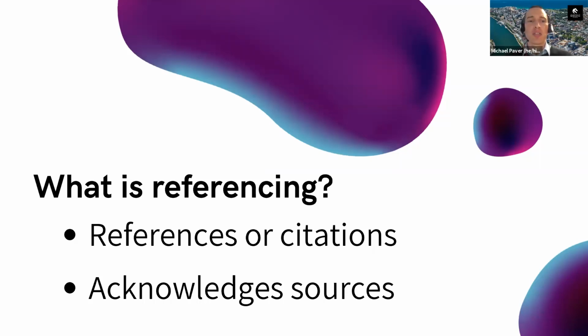A lot of the time references will refer to the reference list, or the list of sources that you've used that appears at the end of your assignment. And citations can refer to references or things in the text of your assignment, but often you just hear them used interchangeably. So when you hear about referencing or citation style, we're just talking about that formal way of acknowledging your sources.